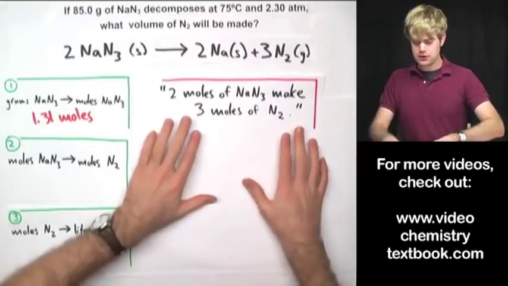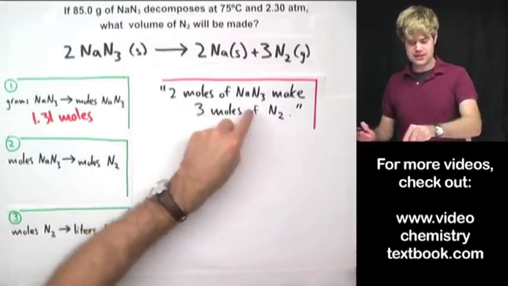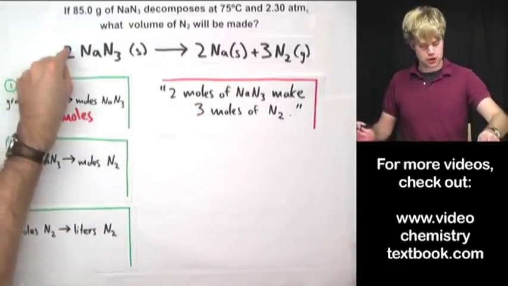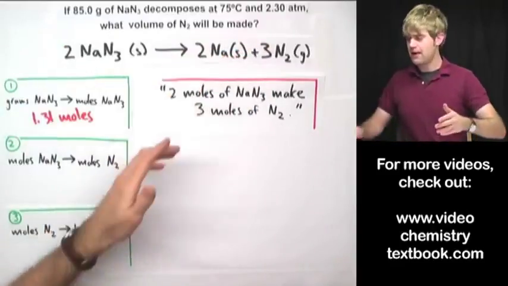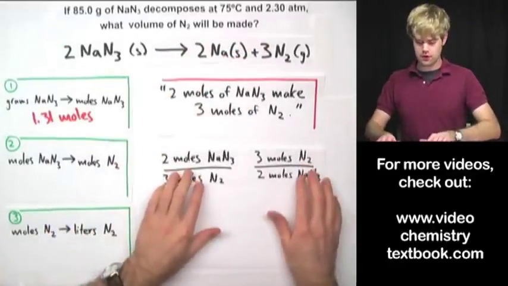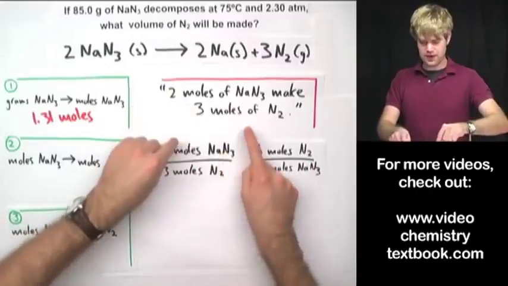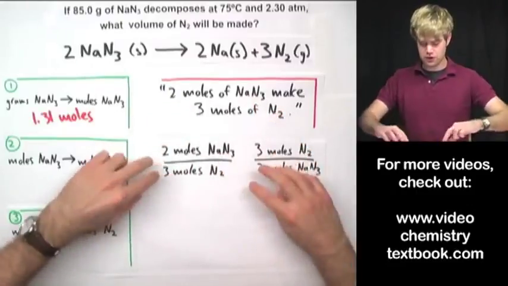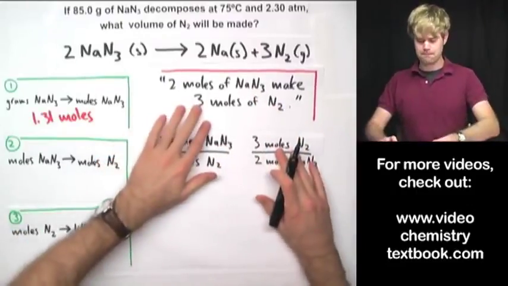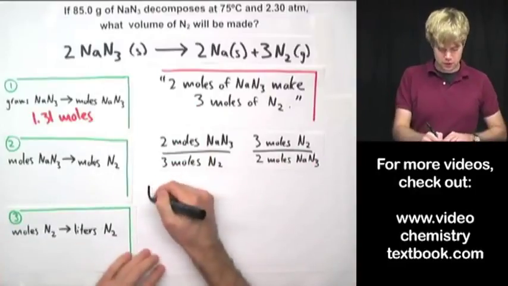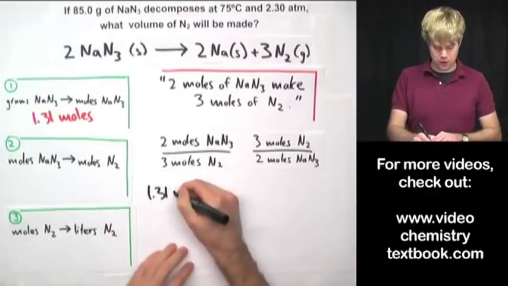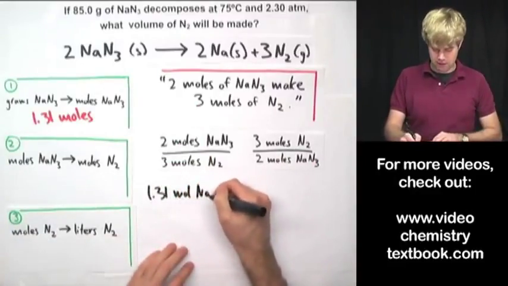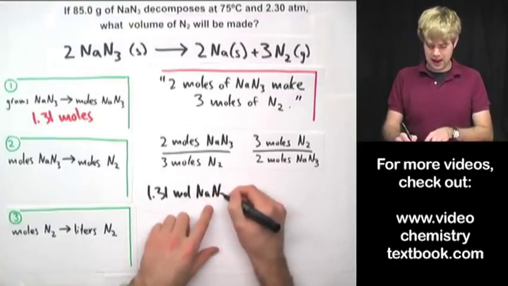Okay? So I can express this statement, 2 moles of this to 3 moles of this, as a conversion factor. 2 moles of NaN3 to 3 moles of N2, or I can flip it the other way. Which of these am I going to want to use? Well, I'm going to start with 1.31 moles of NaN3.